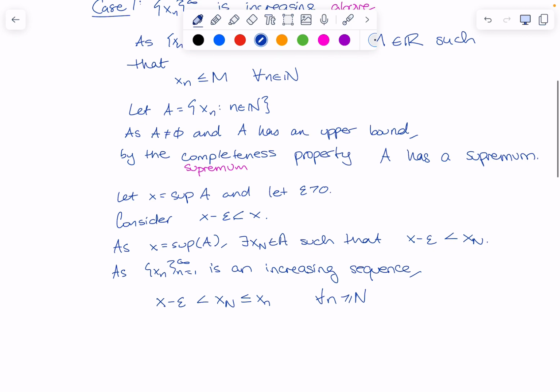Okay, so now, as x is also the sup, we get the other direction: xn has to be less than or equal to x, which is less than x plus epsilon, for every single n in the naturals.